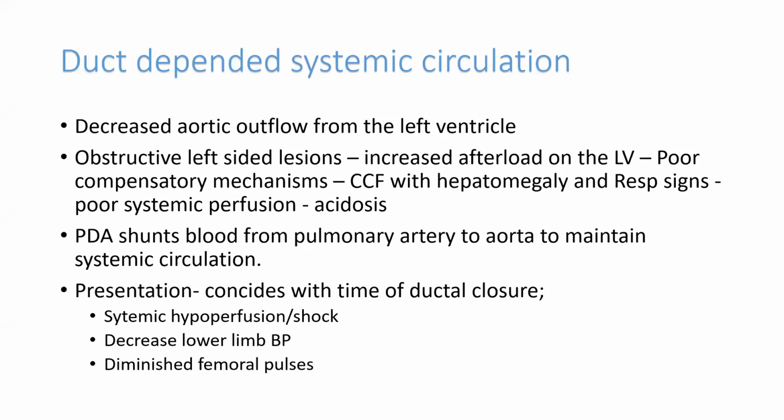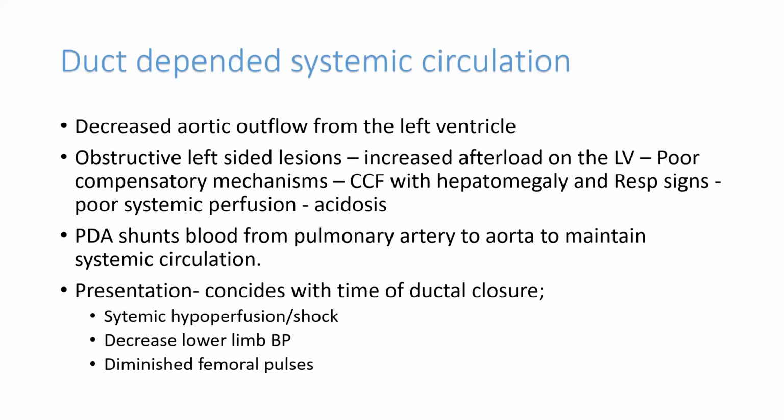So this patient is going into heart failure, and in these infants they present with hepatomegaly, so increased liver span on examination. They present with respiratory symptoms, poor perfusion of the extremities, delayed capillary refill time.